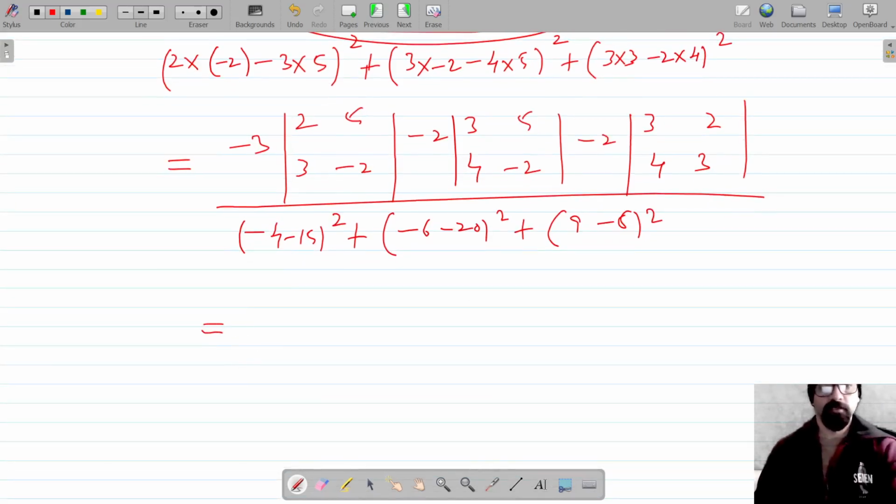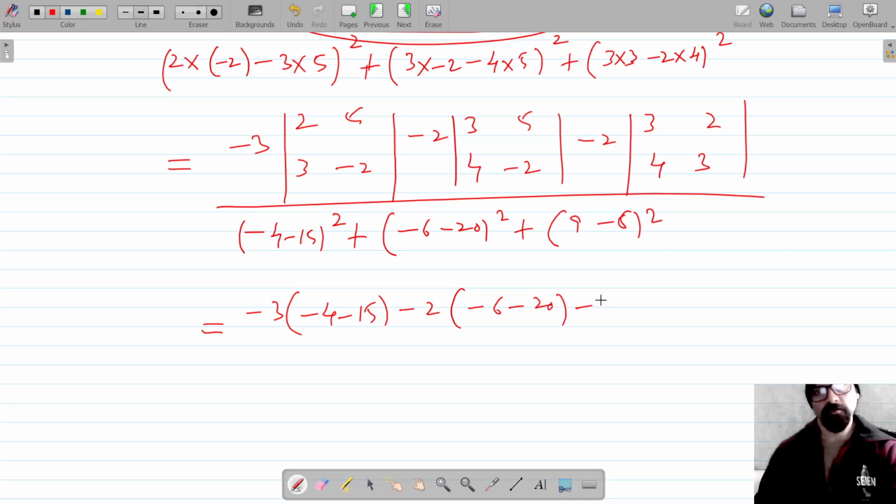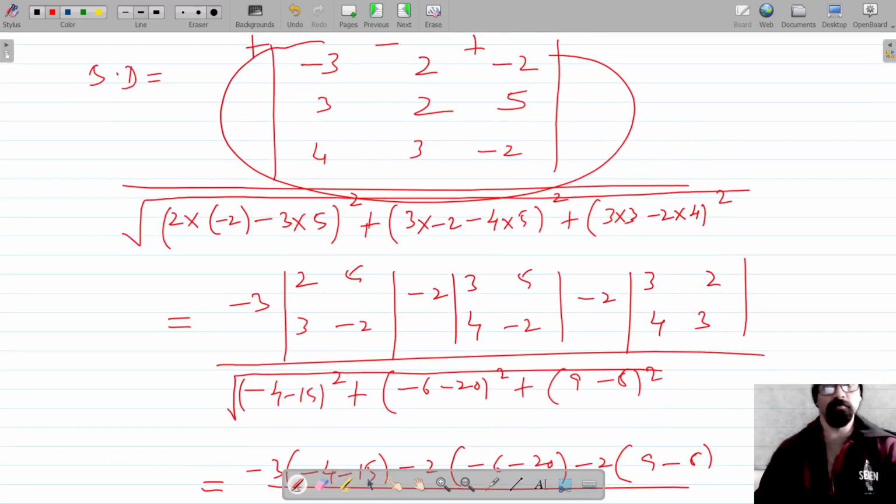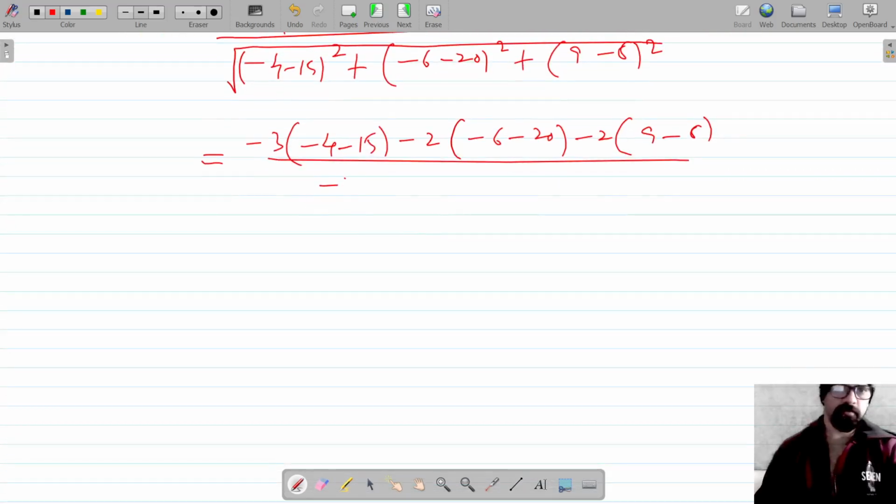So finally this comes out to be: -3 into -4 minus 15, minus 2 into -6 minus 20, minus 2 into 9 minus 8, and this is under root. The denominator is the square root of -19 the whole square plus -26 the whole square plus 1 the whole square.